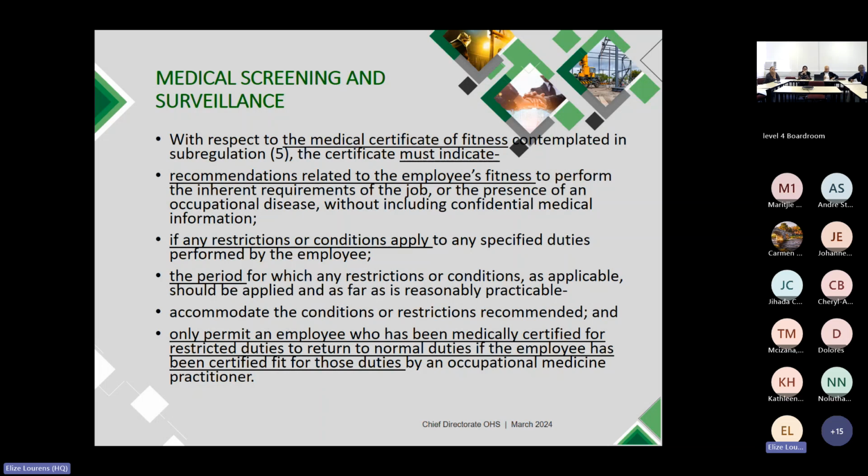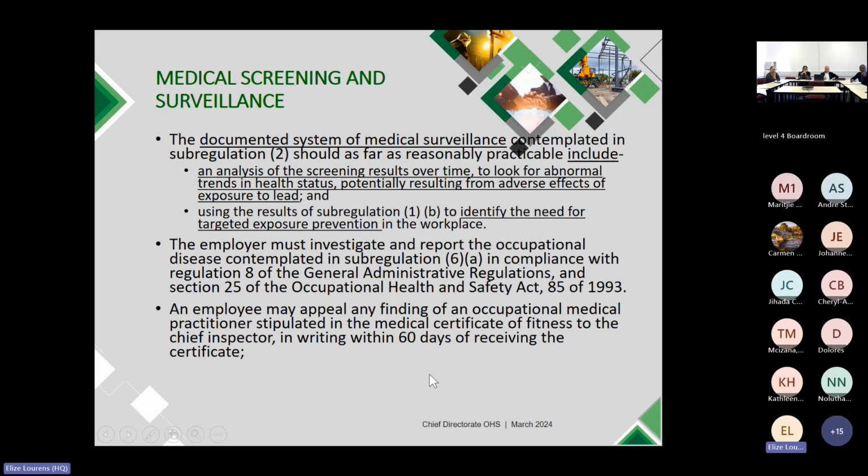The employer must accommodate the conditions and restrictions recommended, and only permit the employee who has been medically certified for restricted duty to return to normal duty if the employee has been certified fit for those duties again. So normal duty will, in this situation, mean returning to lead work. So that is for the temporary removal of employees from lead work.